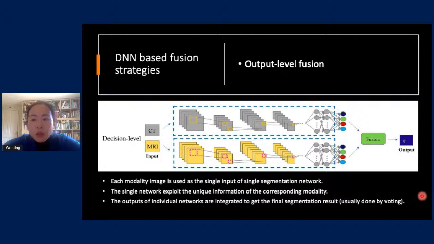For average voting, the networks are trained separately and generate a confidence probability map for each modality. These probability maps are averaged, and the final segmentation is obtained by assigning each voxel the highest confidence, so highest probability. The other voting strategy is the majority strategy, which, like the name suggests, decides the final label of the voxel by the majority of the labels of the individual networks.